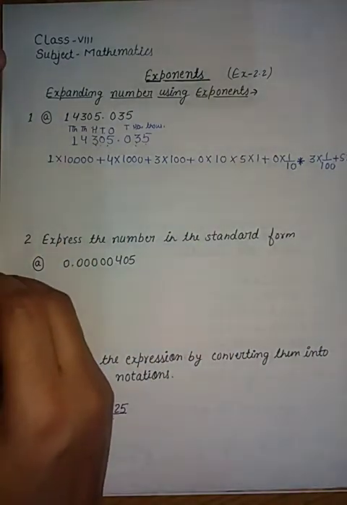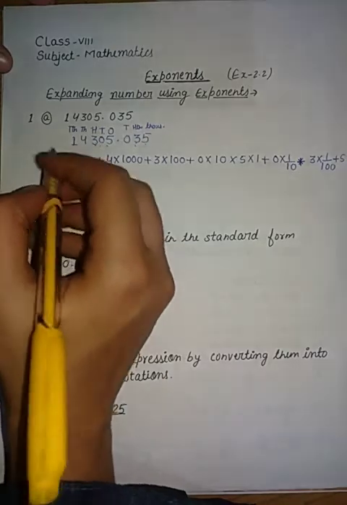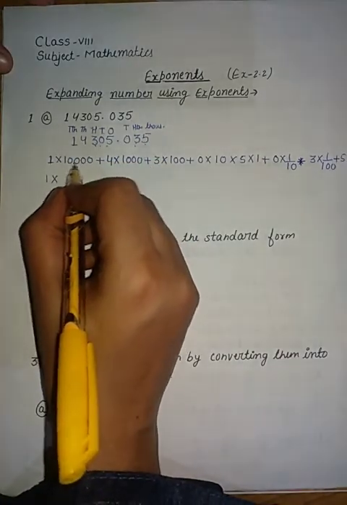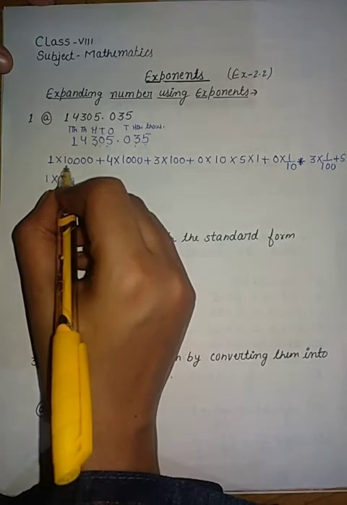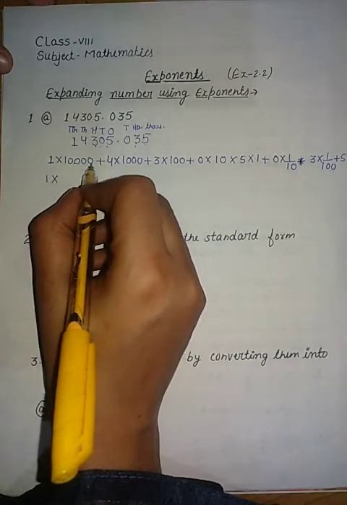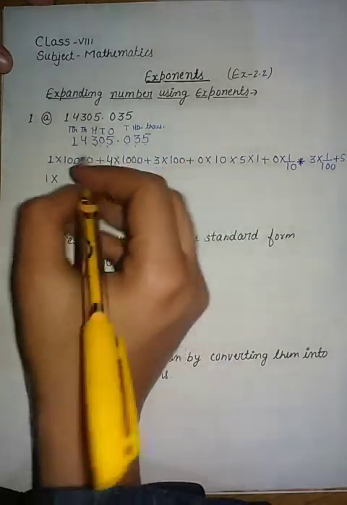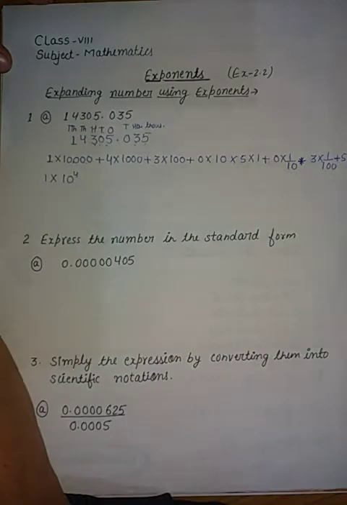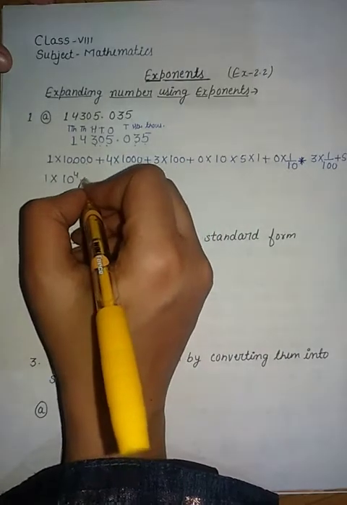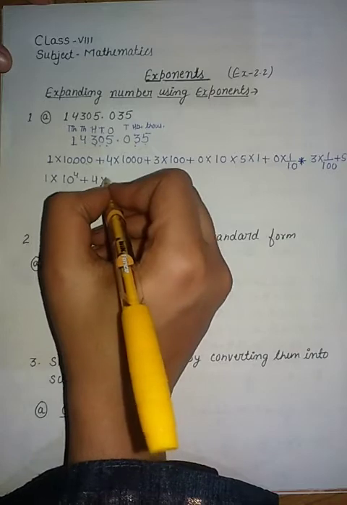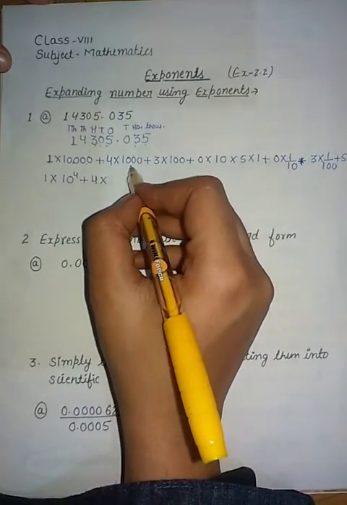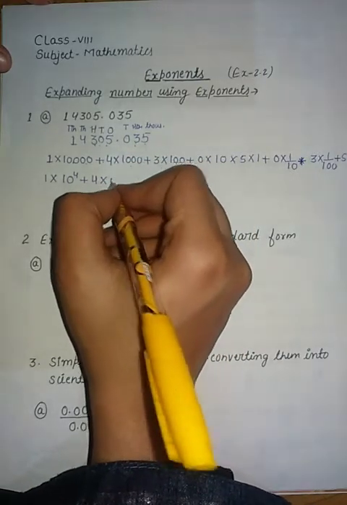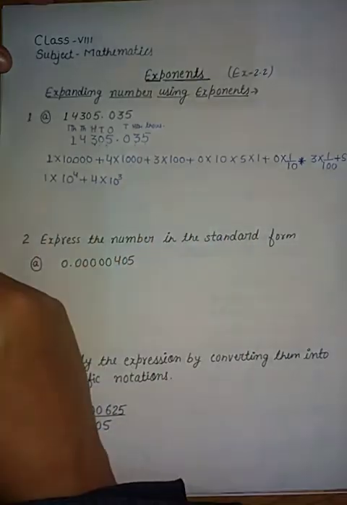Now I will use the exponential form. 10,000 has 4 zeros, so I can write it as 10 raised to the power 4. Plus 4 as it is, multiplied by 1000. This number has 3 zeros, so I can write it as 10 raised to the power 3.